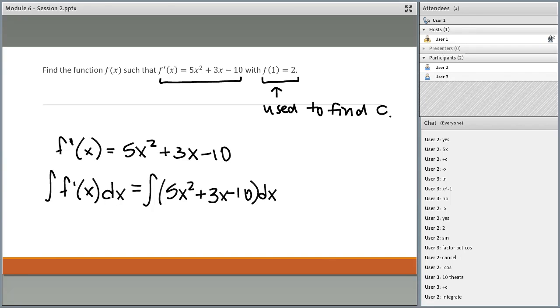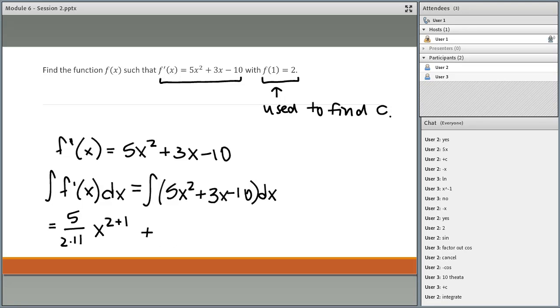So I can use the power rule on the first two terms, and the last term is just integrating a constant, so I'll end up with negative 10x. So in the first term, I have 5 over 2 plus 1, x to the 2 plus 1. You don't necessarily have to write that step. I'm mostly just writing it for our notes.